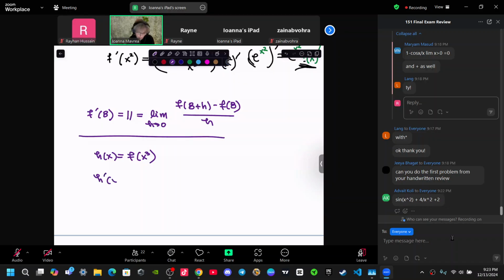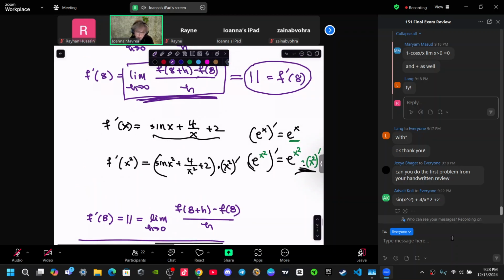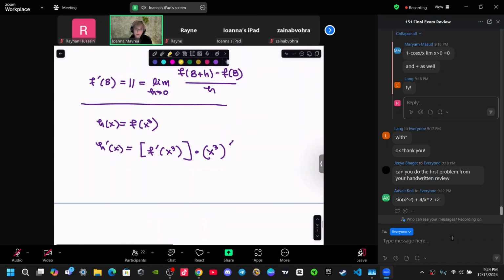And the derivative of h is the derivative of f evaluated at x to the third times, the chain rule says, the derivative of x to the third. That's the chain rule. Right? This is exactly what I did here. I took this derivative, and since my x's were replaced by x squares, I'm going to replace all the x's by x squares. I did it, but I also used the chain rule because you took a formula and you replaced my x's by something else. So I need to use the chain rule, right? That's exactly what this thing is saying to you here.